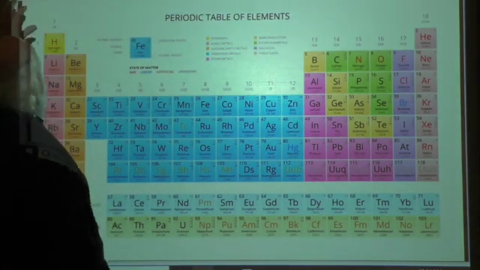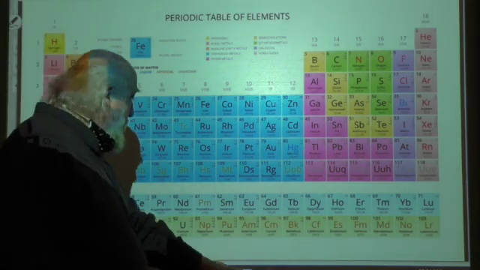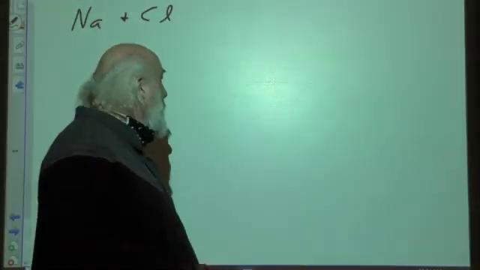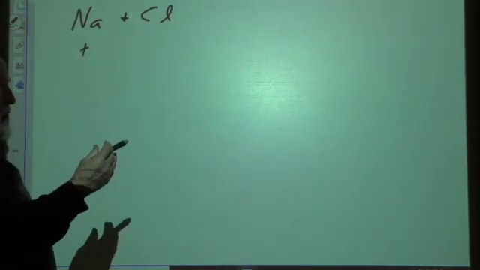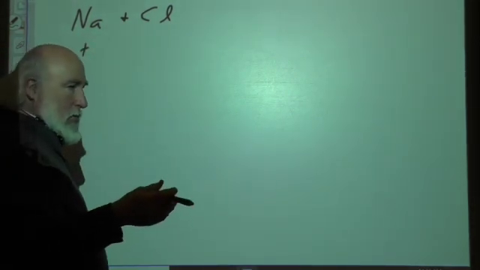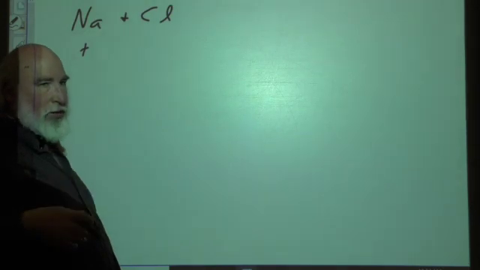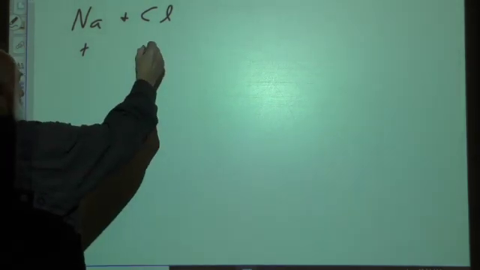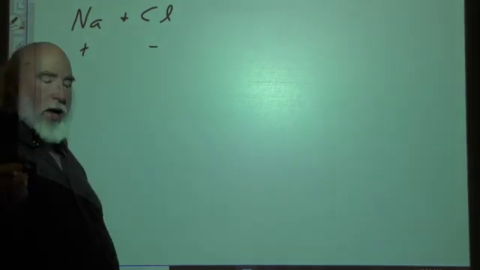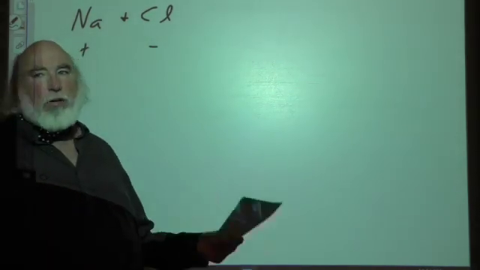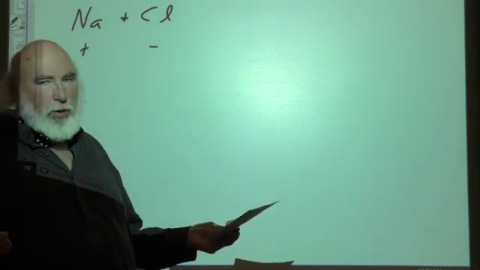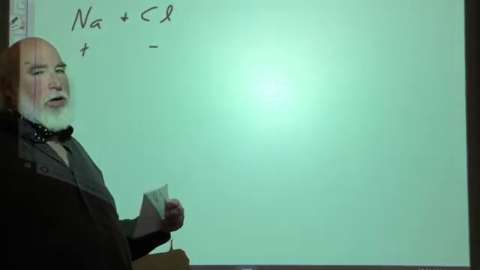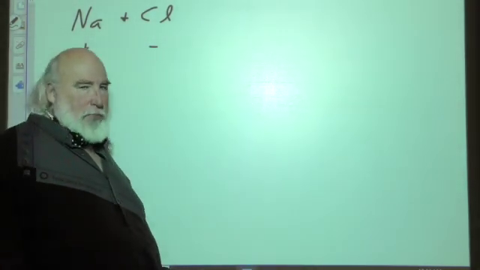Okay, so let's use that. We know that sodium has a positive charge, and I'm not going to put 1 in because it's just like the variable x. You never say 1x, you just say x. So it's a positive charge, and chlorine is a negative charge. And the thing that's true for all compounds, no matter if they're ionic or covalent or whatever, is that the charges have to add up to 0.